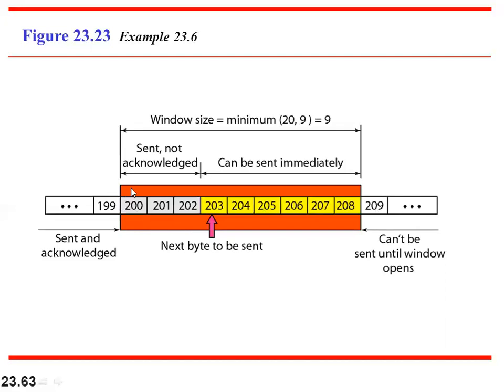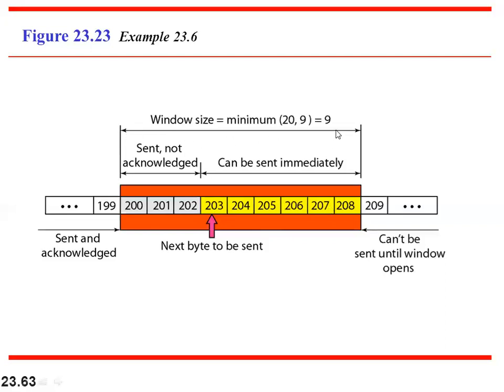Up to here, these bytes are sent but not acknowledged, and the remaining bytes can be sent but sender TCP has not transmitted them yet, because for a set of bytes it has to construct the segment first. They can be sent immediately.